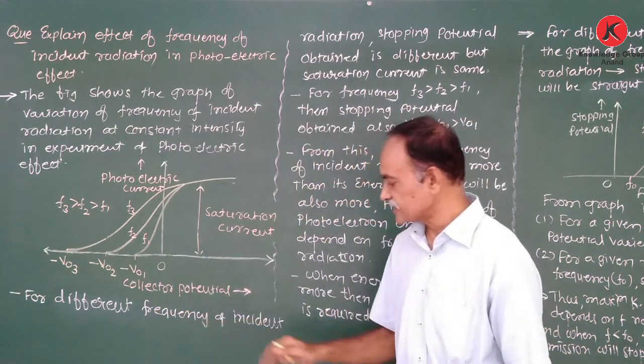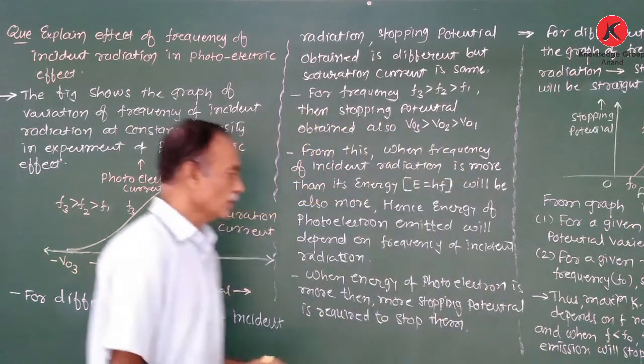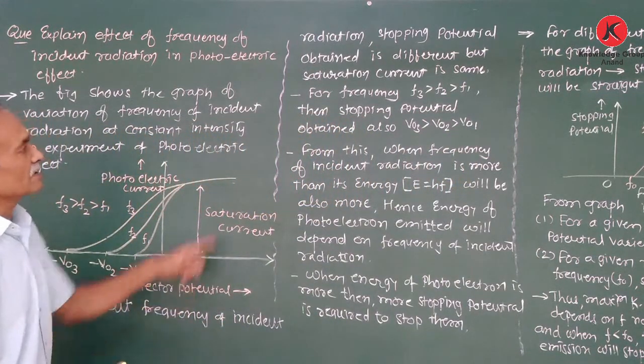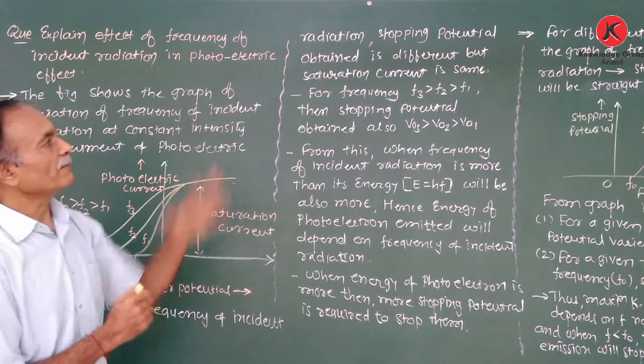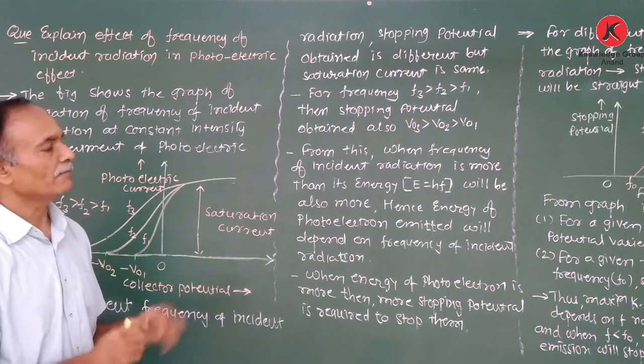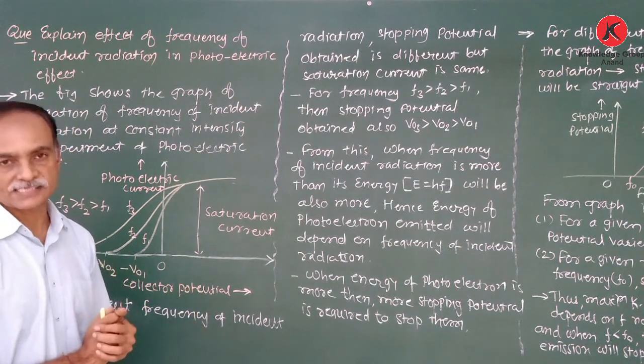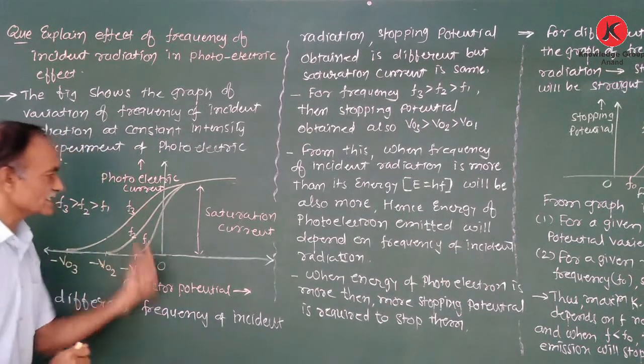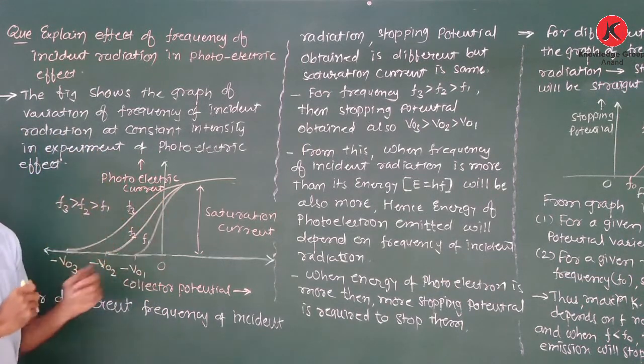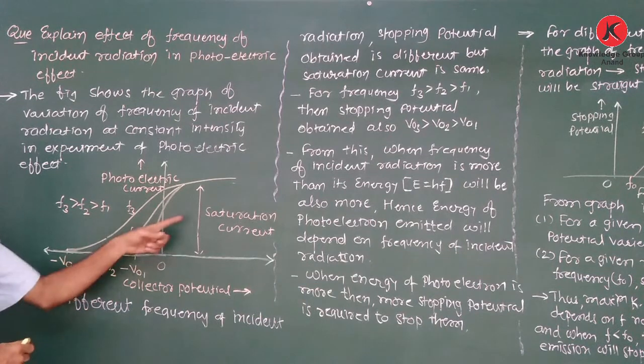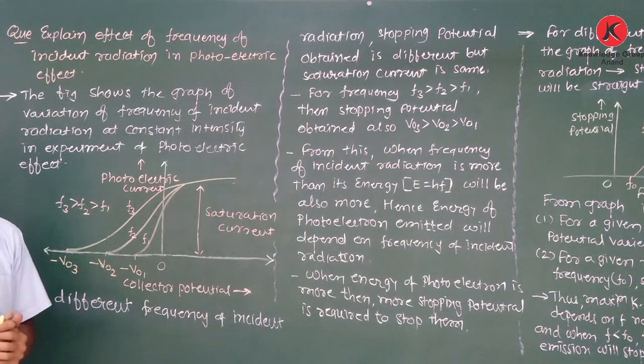For different frequencies of incident radiation, the stopping potential obtained is different, but the saturation current is the same. Now, from this graph, as the frequency changes or increases, the saturation current does not change.